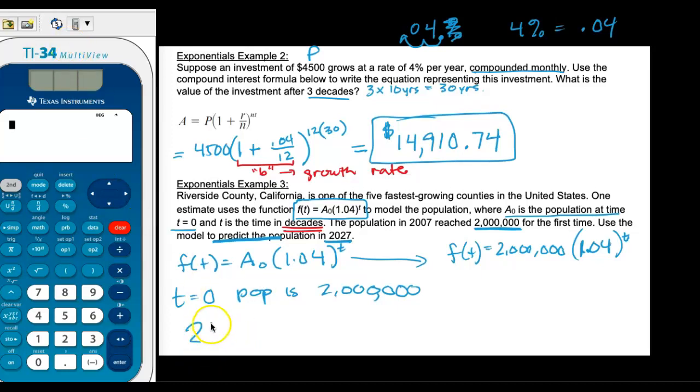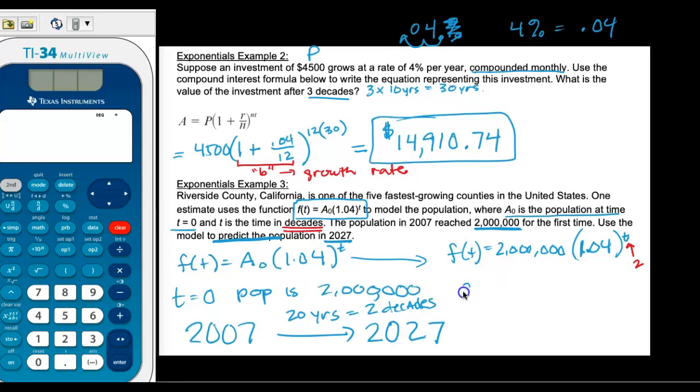So if we go from 2007, which is sort of where we start, with that population of 2 million, to 2027, that's 20 years, which is the same thing as 2 decades. So basically what we need to do is put a 2 in for that t. And if we do that, that'll give us our answer. So we're just going to find f of 2. So we're going to take 2 million times 1.04 to the second power.